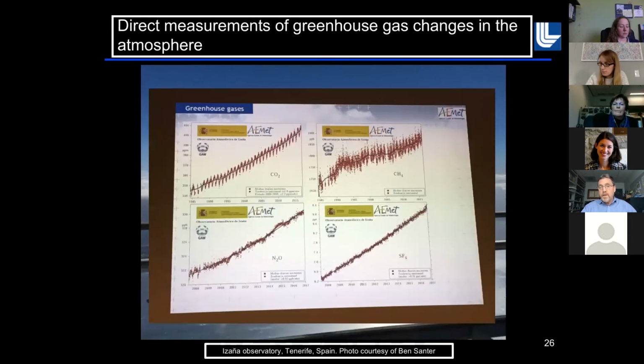And here, for example, if you look at the top left panel, are measurements made at the Izania Observatory of the amount of CO2 in the atmosphere. So since 1985, when they started making CO2 measurements at Izania, carbon dioxide in this rather remote location has increased from about 345 parts per million to nearly 410 now.